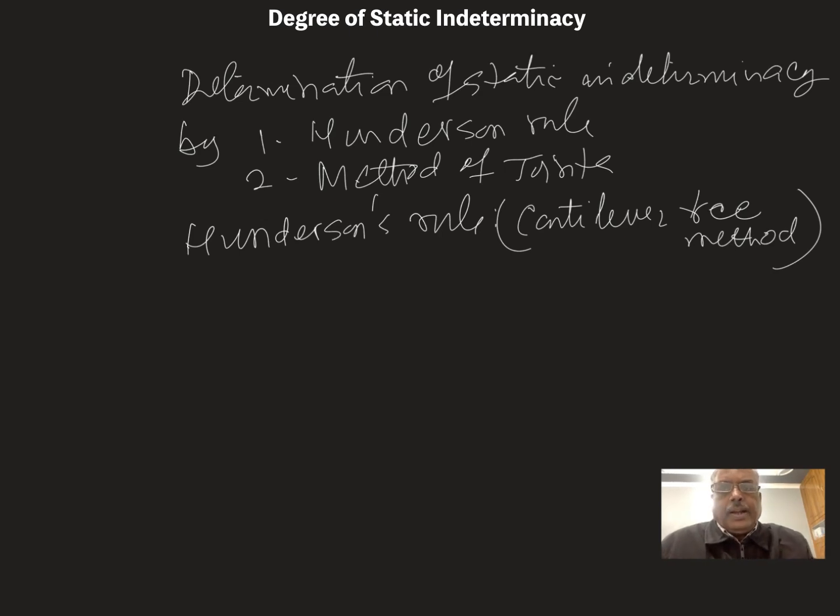Henderson provided a simple system to find the degree of indeterminacy for rigid jointed frames. First of all, the joints are made rigid by providing extra restraints R dash.